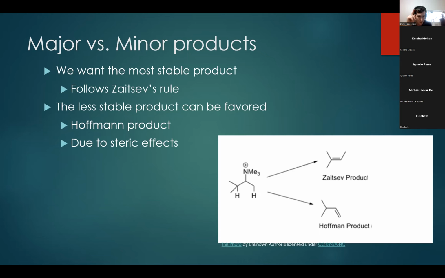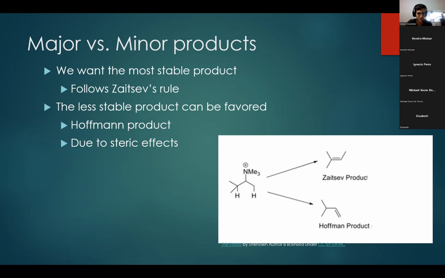Generally, the Zaitsev product will almost always predominate. Both will form, but the Zaitsev will be the major product, except when the base is a sterically hindered one.